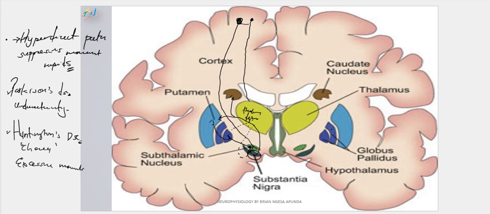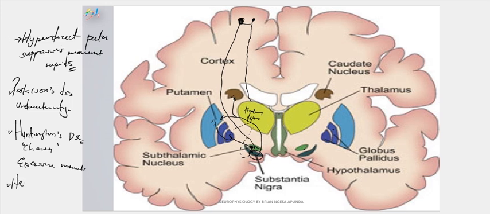But also to mention, we also have things like hemiballismus. This normally can be acquired when the subthalamic nucleus has a disease process that affects its capability.